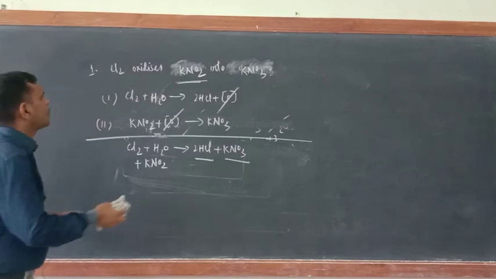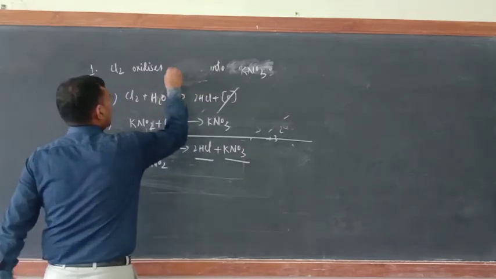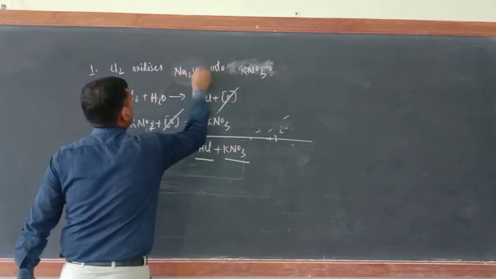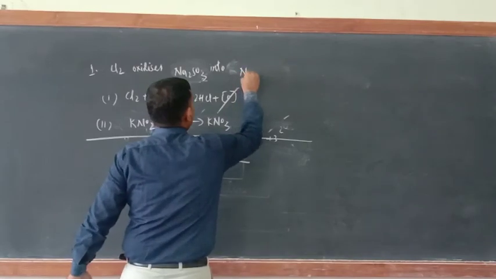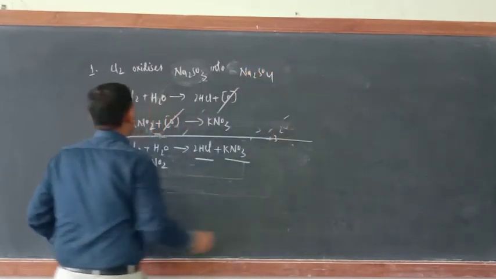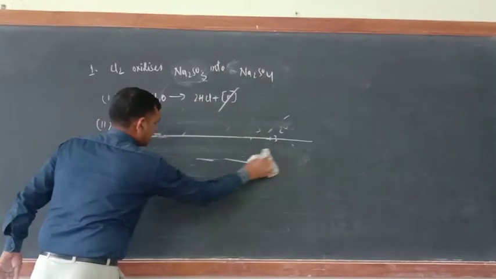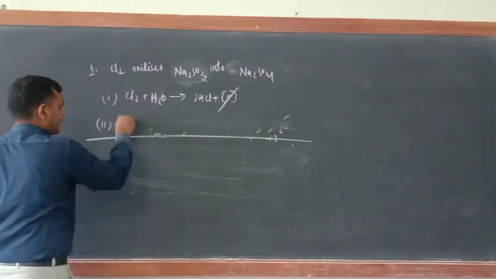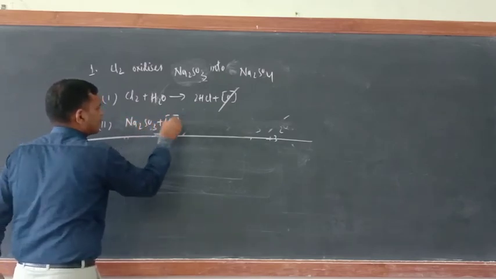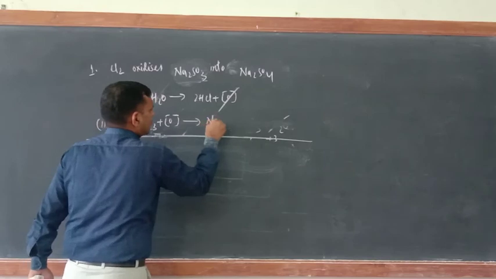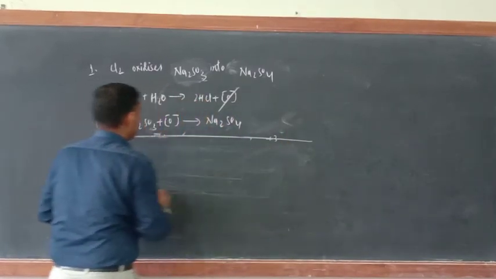Similarly, Cl2 oxidizes sodium sulfite Na2SO3 into Na2SO4. Just see, the first step will be common. Just check here. Now take Na2SO3 plus nascent oxygen, this is equal to Na2SO4.